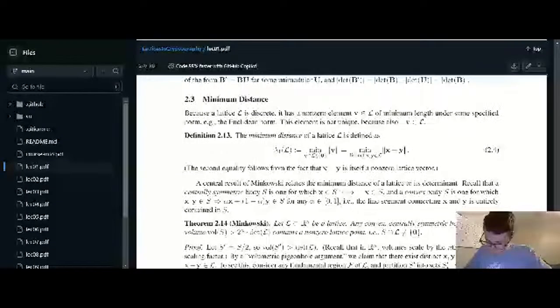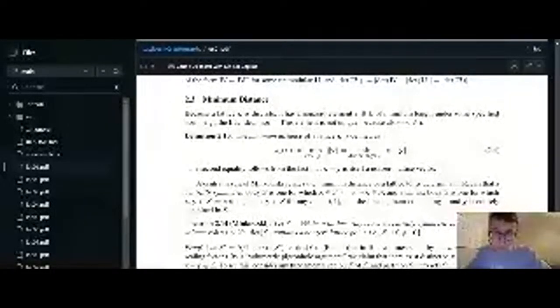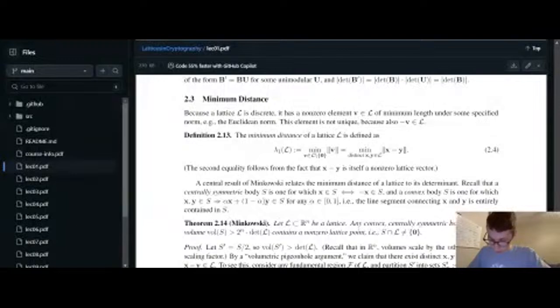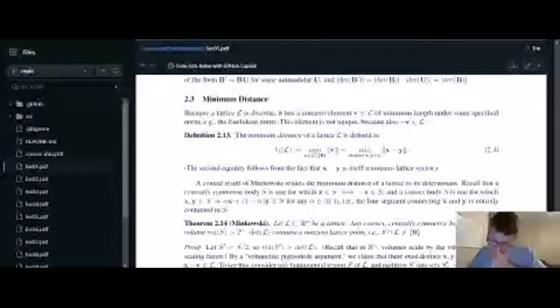Okay, it has a non-zero vector V in the space of minimum length under some specified norm. Oh my gosh.